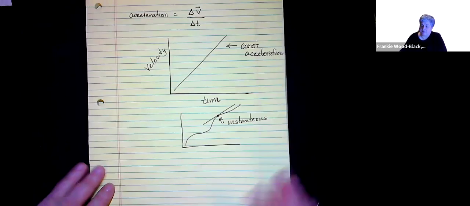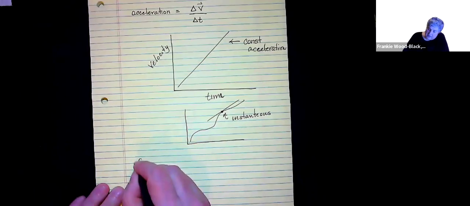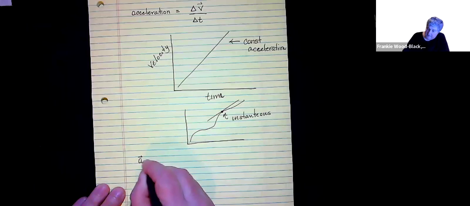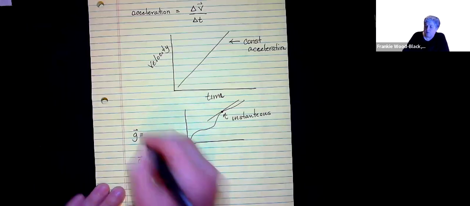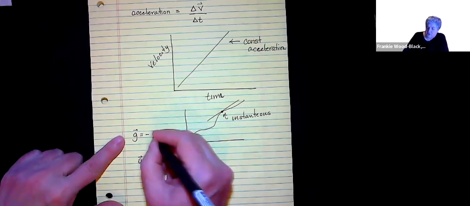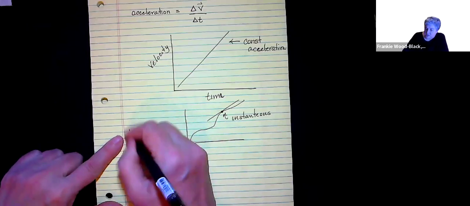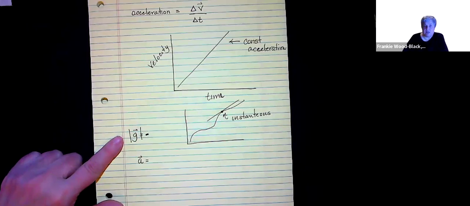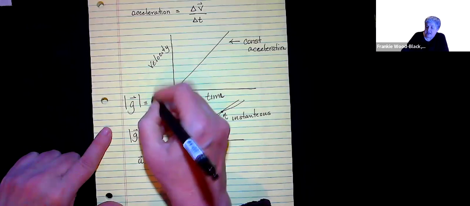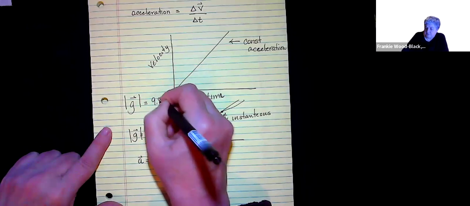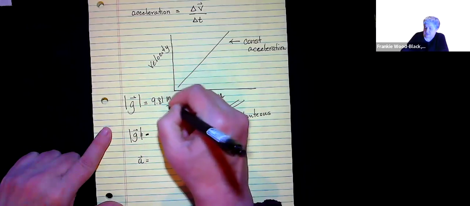So let's look at that one. I'm going to do acceleration. We usually use an a, or we're going to use a g with a script for when we're dealing with gravity, and we're going to use the magnitude. If I do this, that is going to be a positive number, and that's meters per second squared.